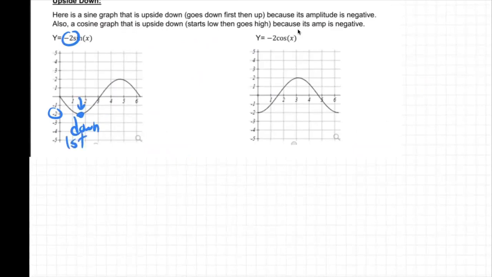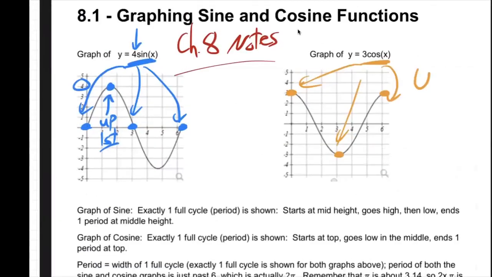Now it still does the middle, because sine graphs always do middle. But it goes down first, then up when it's negative. So negative is first down, whereas +4 is up first.